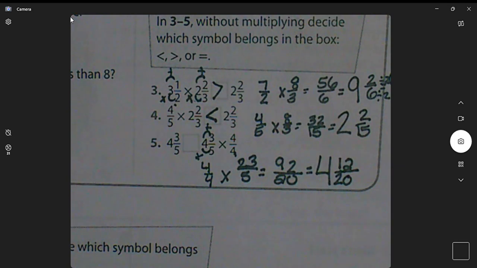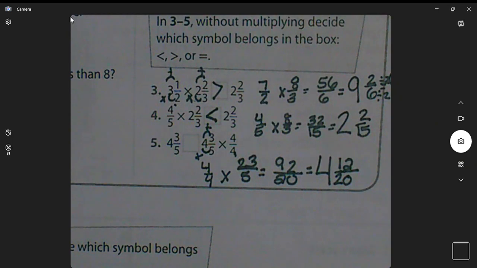What can I reduce it by? 2, 3, 4, or 5? 4. 4 is the biggest number I can reduce it by. I can reduce it by 2, but that gives me one extra step.